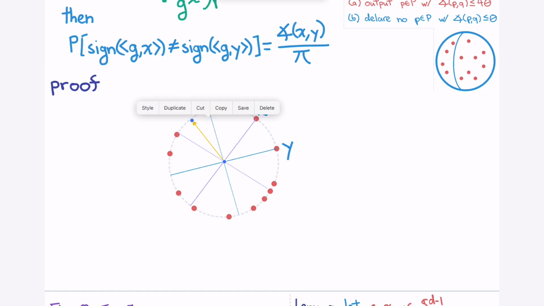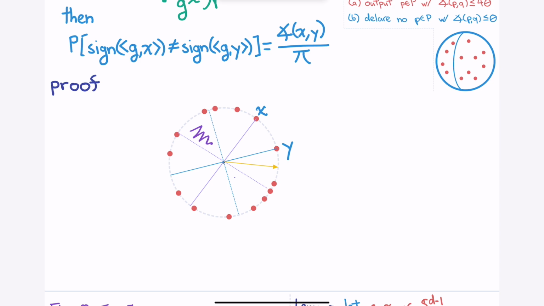Okay, so now X is still positive, but Y is actually negative. What about here? Yeah, they're both negative. How about here? Both negative. What about here? Okay, what about here? No. What about here? Okay. So the bad region is here.